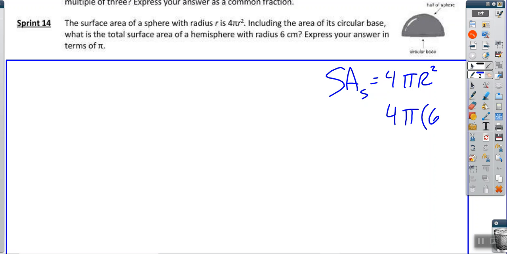So we get 6 squared. So 6 squared is 36. 36 times 4 is going to be 144. And we still have our pi. But remember, we only want half of it. This is the full sphere. So half of 144 is going to be 72.